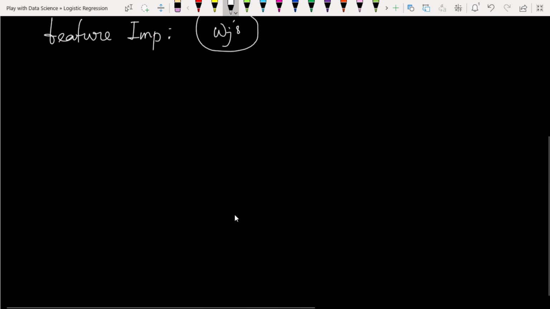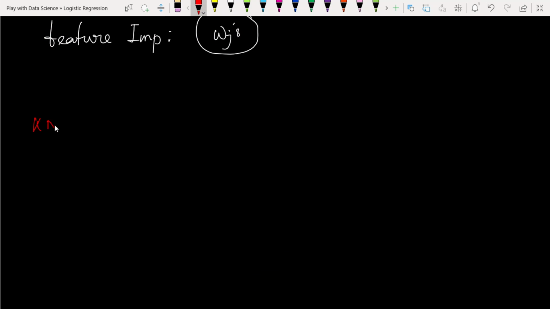If you remember KNN, how do we find feature importance in KNN? Here we find important features using the forward feature selection method or backward.